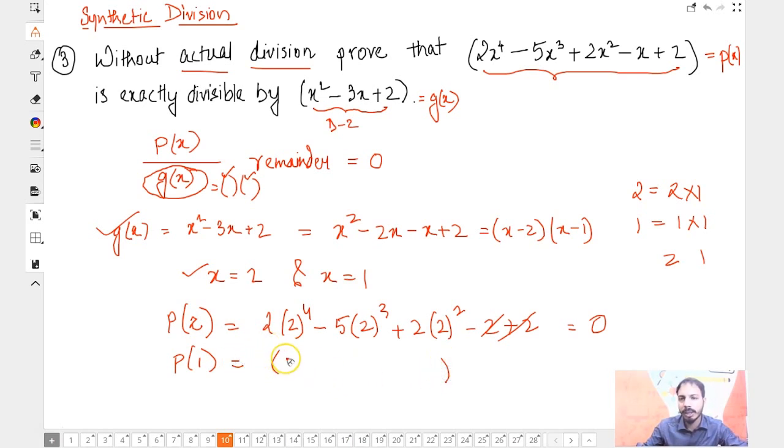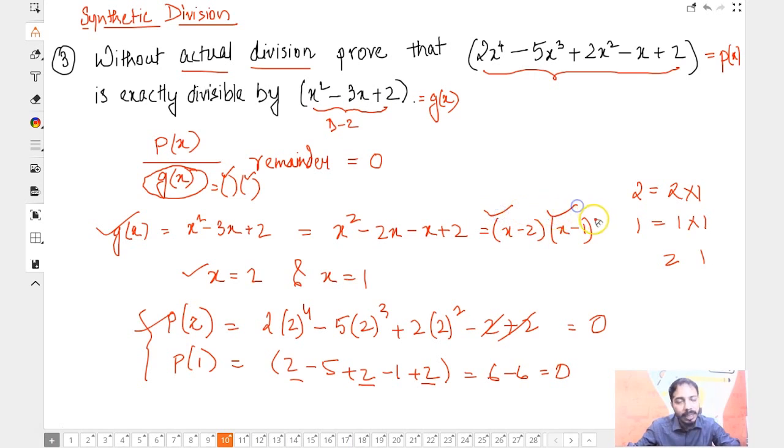That means you will get 2 minus 5 plus 2 minus 1 plus 2. So this is 2 plus 2 plus 2, that is 6, and minus 5 and minus 1 is minus 6, which is equal to 0.